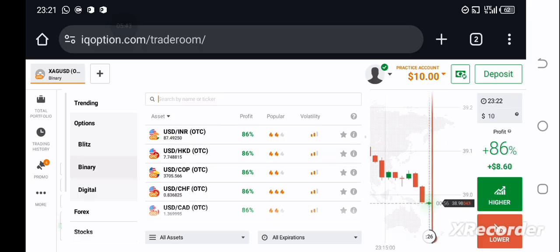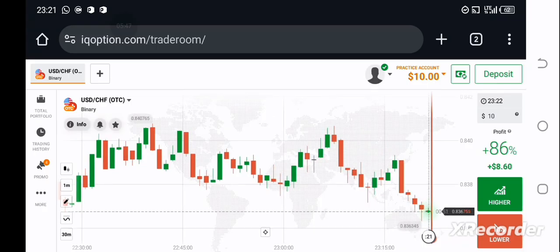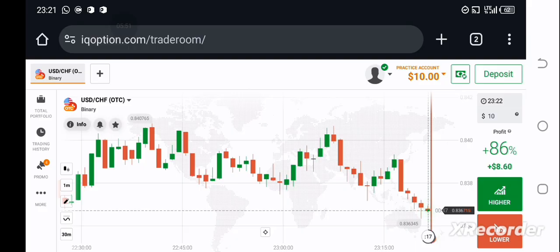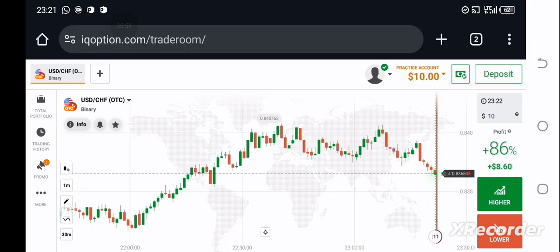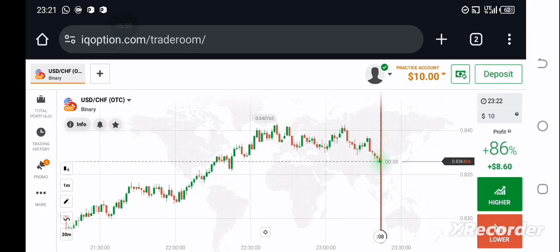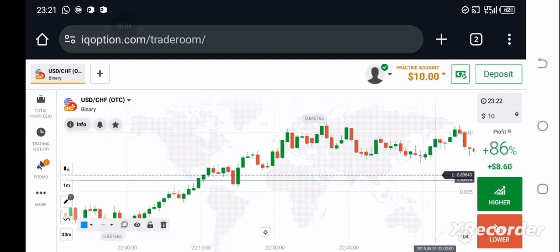Let's select USD CHF, which is United States dollar Swiss franc. The candles are on 1 minute, which means every candlestick you see here is formed within 1 minute. So let's open a position for 1 minute and see.